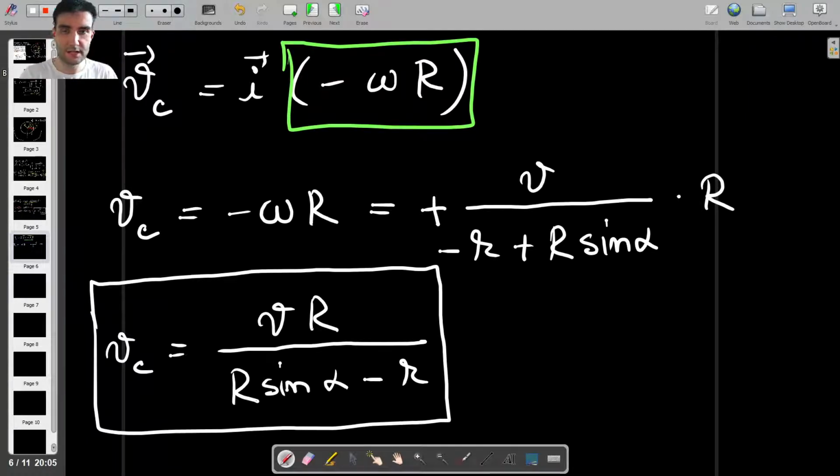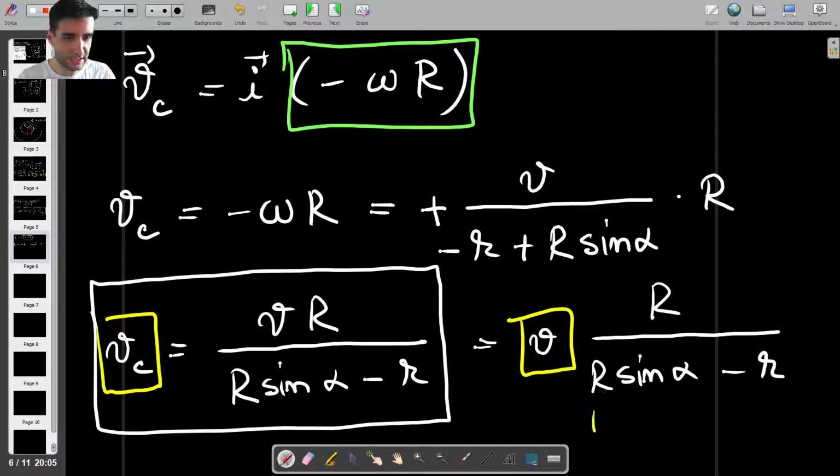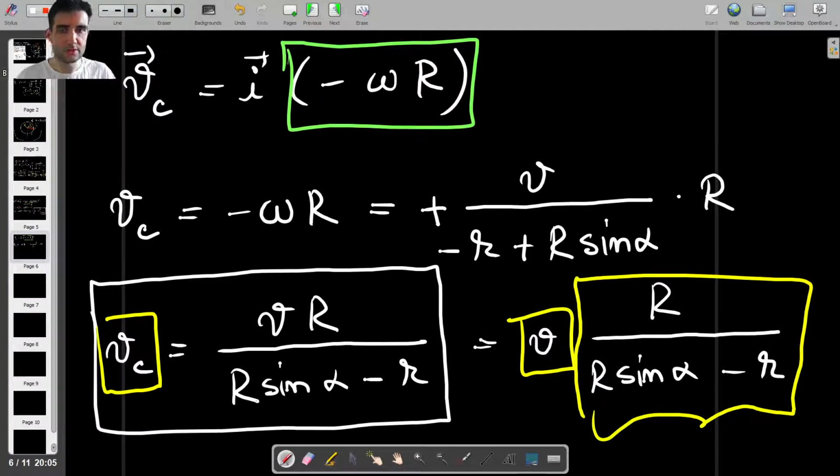If you get something like this as your final result, you can rewrite it as v in front of the fraction, and then you just have R over R sine alpha minus small r. So you have that a velocity is equal to another velocity times this fraction, which has no units, which makes sense from a dimensional standpoint at least. So this is one way to check whether you got the right answer. So yeah, that's the question using Euler's formulas.